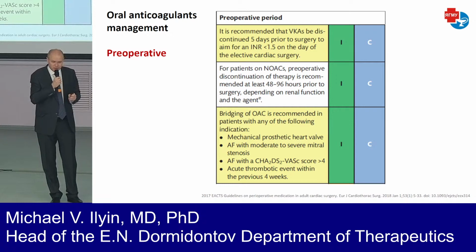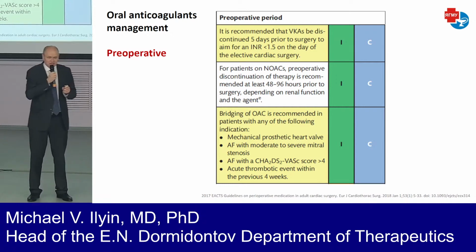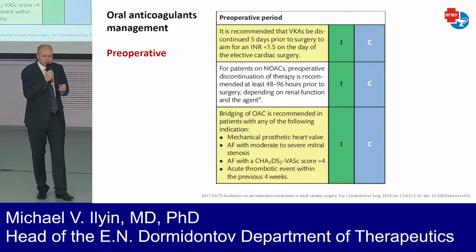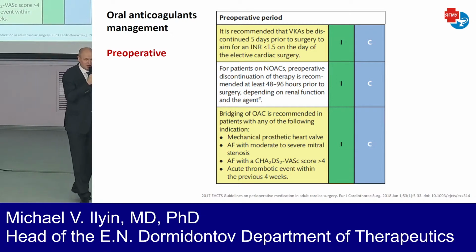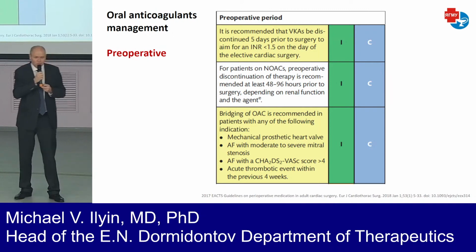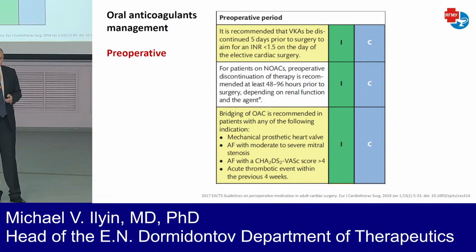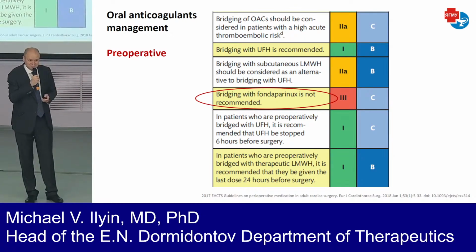The third one, atrial fibrillation with CHA2DS2-VASc score more than 4 points. More than 4 points. So we have to count before we make a decision. And the fourth one is acute thrombotic event within the previous 4 weeks. So in these 4 situations, we need a bridging. You got it.